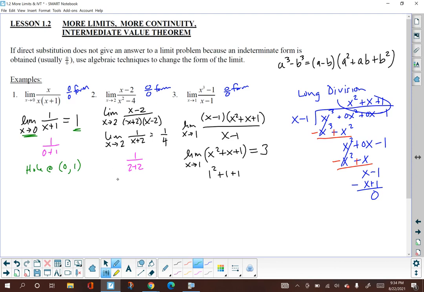And so all of these values that we found are the y locations of the holes. This function would have a hole at (2, 1/4), because we are approaching x value 2 and we got a limit of 1/4. And this one has a hole at (1, 3). So those are all holes on the graphs.